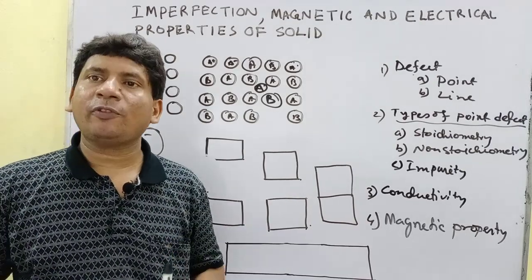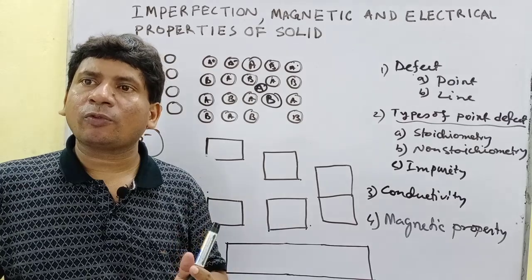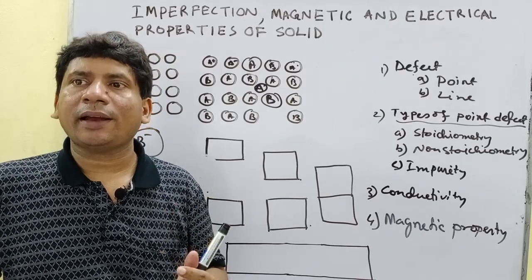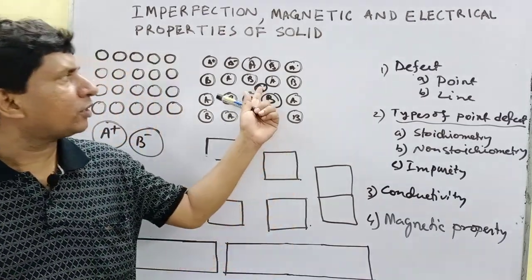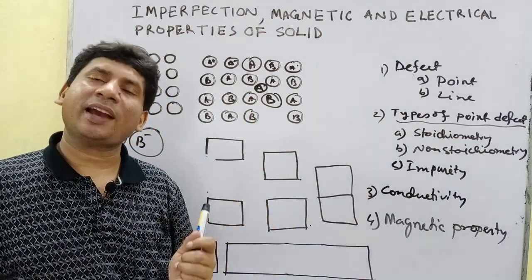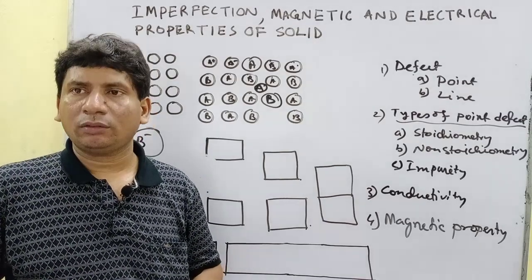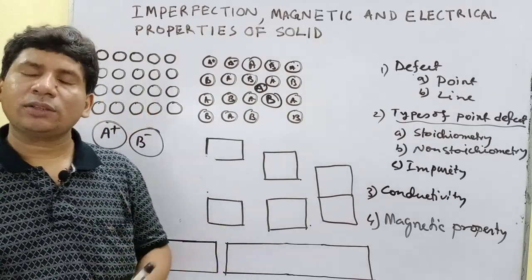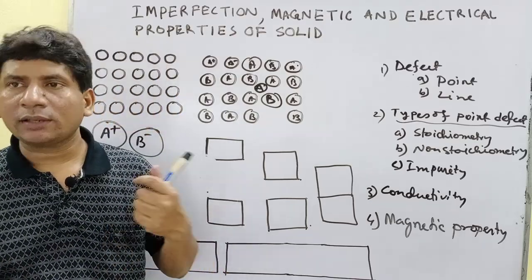So for Frenkel defect, the smaller ion is dislocated from its normal site to an interstitial site. Why is it the smaller ion? Because the cation is always smaller than the anion. And what is the other property?